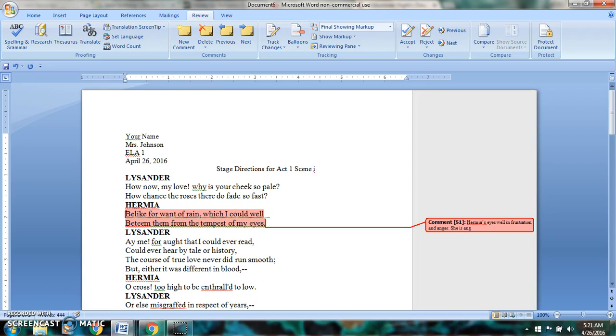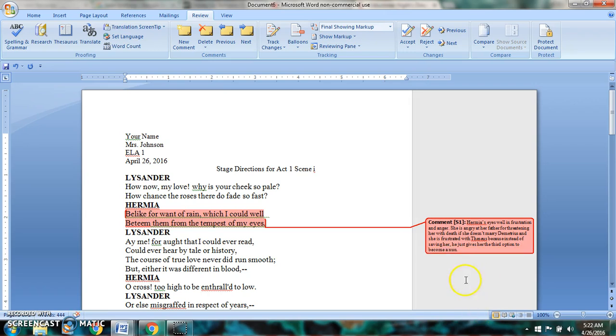She is angry at her father for threatening her with death if she doesn't marry Demetrius, and she is frustrated with Theseus because instead of saving her, he just gives her the third option to become a nun.